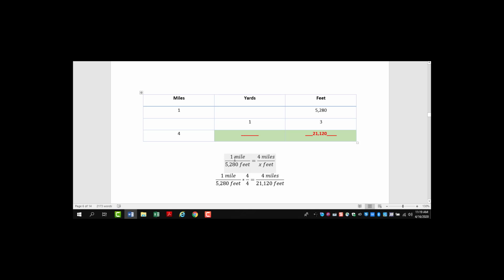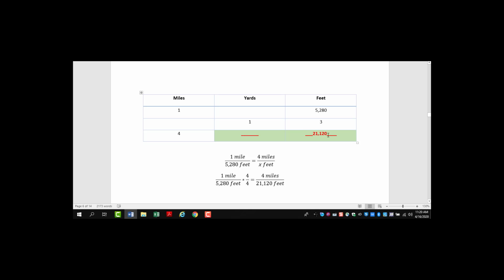So that is a relationship, that's a ratio. And so that's equal to 4 miles is to I don't know how many feet. Now this one, instead of cross multiplying and dividing, I can easily go from 1 to 4 by multiplying by 4 over 4. So I go 4 miles is equal to 21,120 feet.